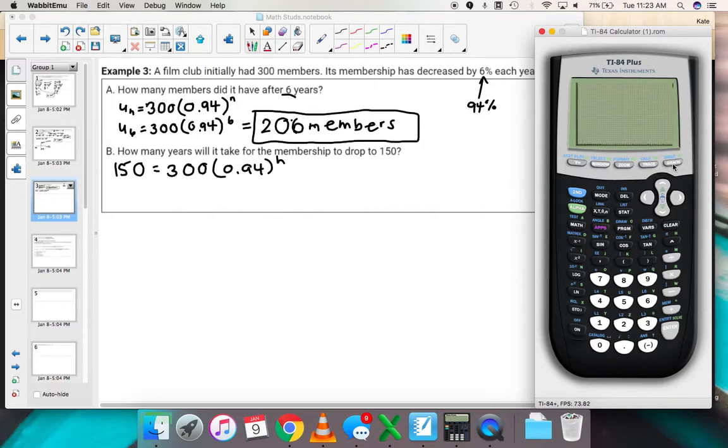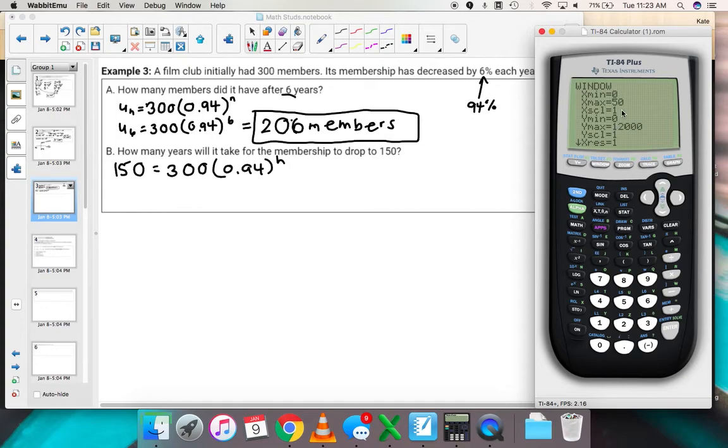And we're going to graph that. And you'll see here's our line at 150. And we can't even see our exponential decay graph. That's because our window in this case is way, way, way too big.